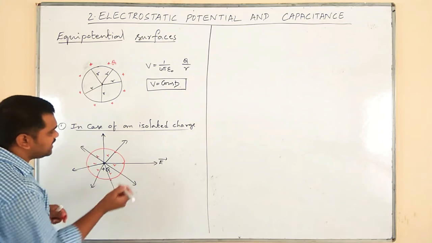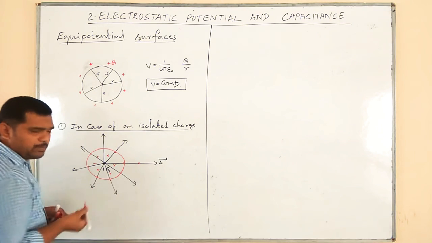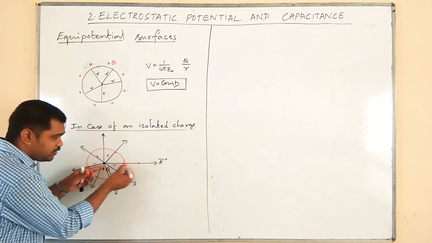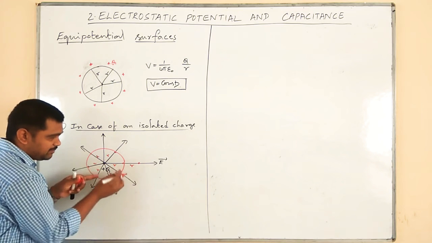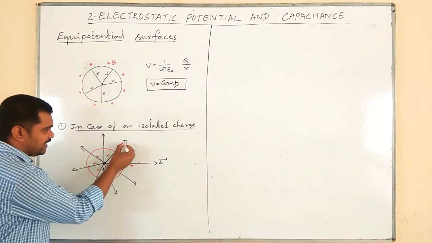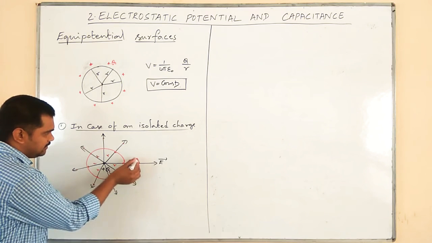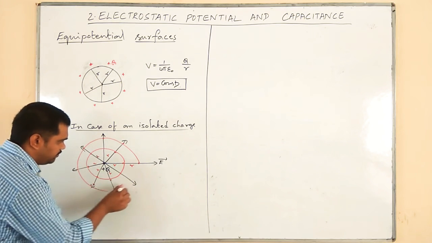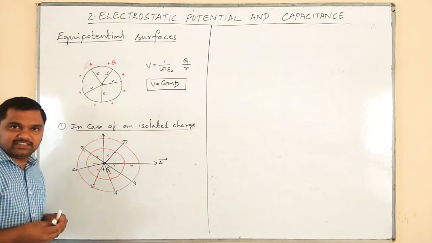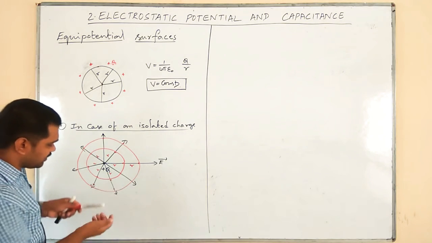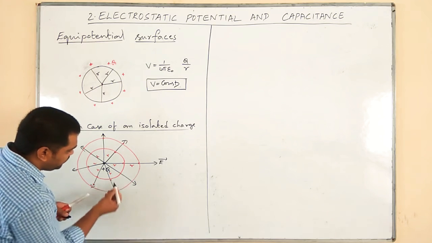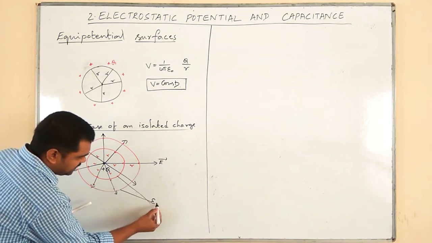Similarly, if we take one more point at a distance of 2r from this charge, we again get an imaginary sphere like this. Therefore, we can conclude these two are equipotential surfaces.